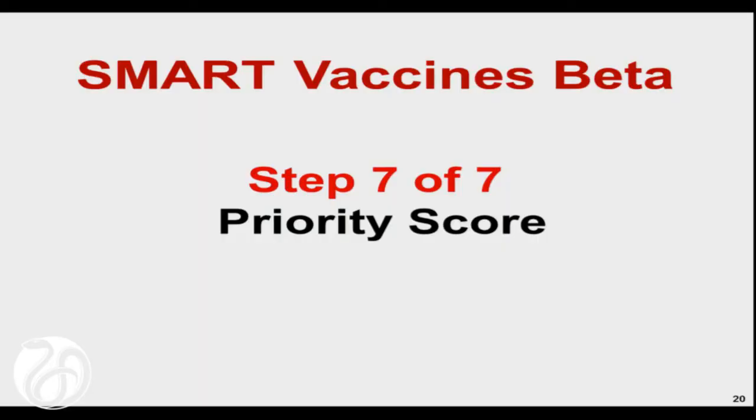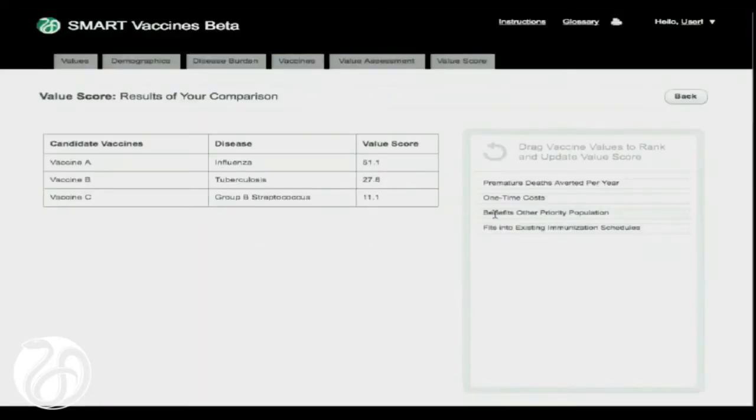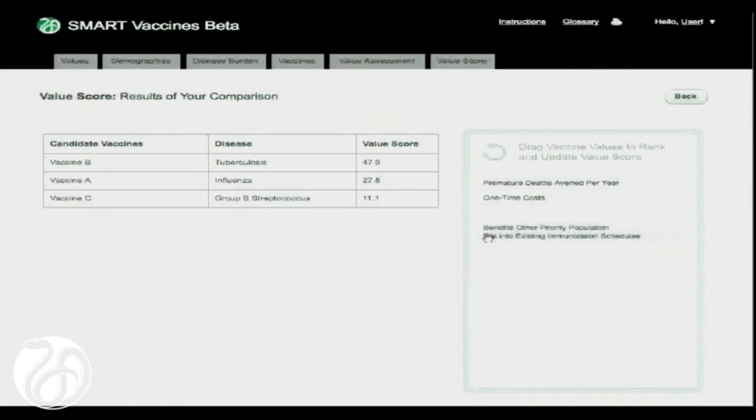Step 7, the priority score emerges. And here you can see the demo model shifting around the rank order of these characteristics that have been desired. All that flew by, but the value scores change as you shift these ranks around. The value scores, the final numerical total that's given, are again like a thermometer scale.